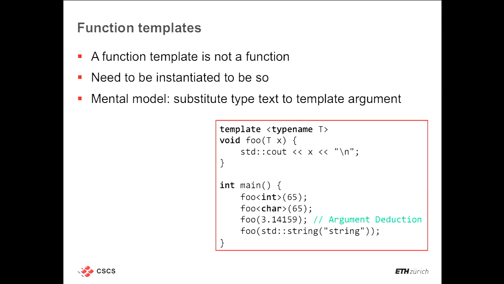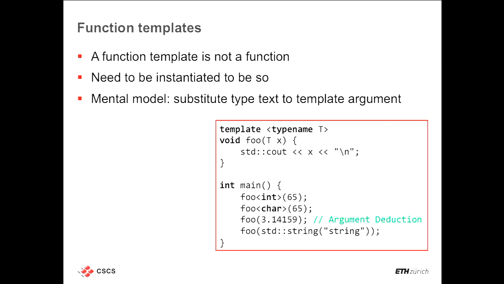If I do foo char of 65, it will instantiate another function which has the instantiation for the char, etc. Plus, for functions, we can deduce the template argument. So we can write foo 3.14, whatever, and this is a double, so this will instantiate the function foo for doubles. And similarly for string, right? We'll instantiate another foo for strings.